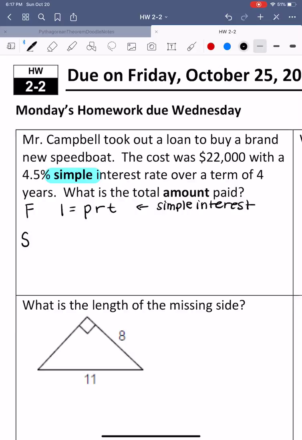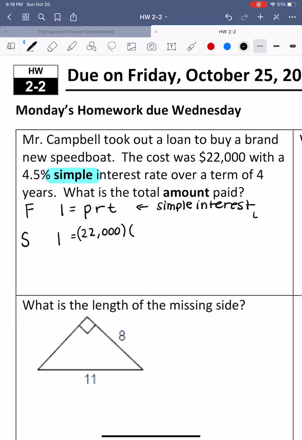As I substitute, they don't give us the interest, but they do give us the principal of $22,000. I'm going to multiply this by my rate of 4.5%. Here's a little side note.